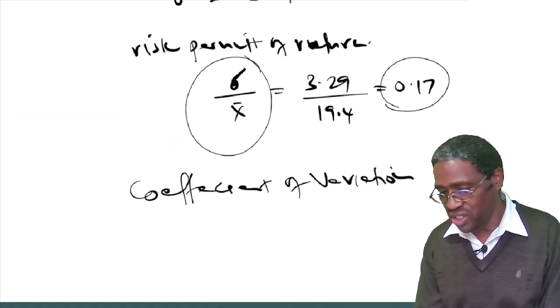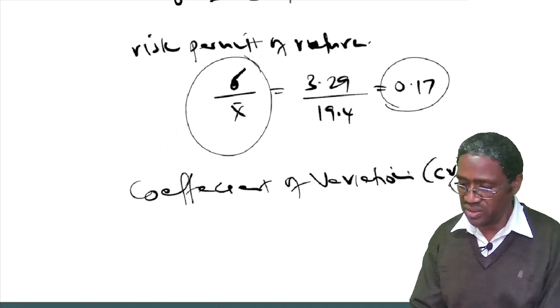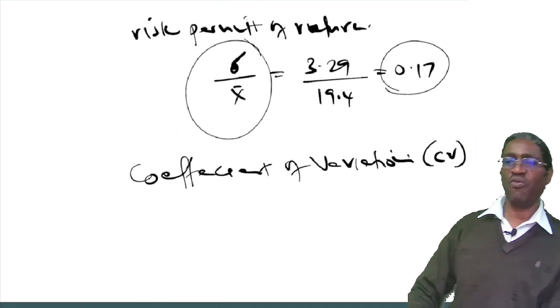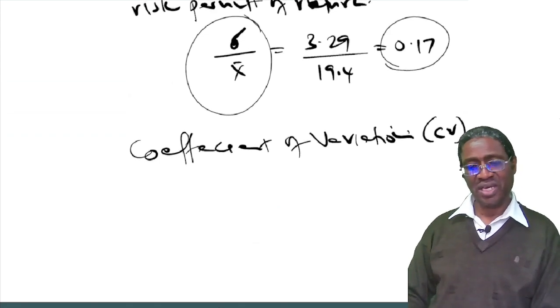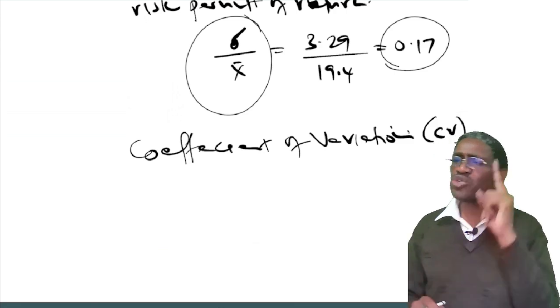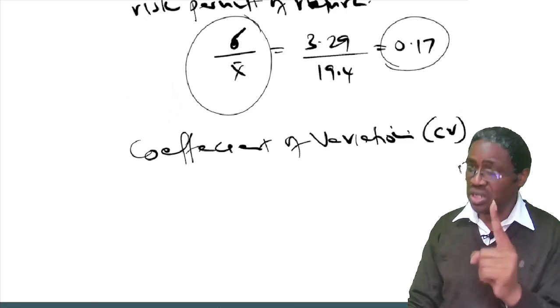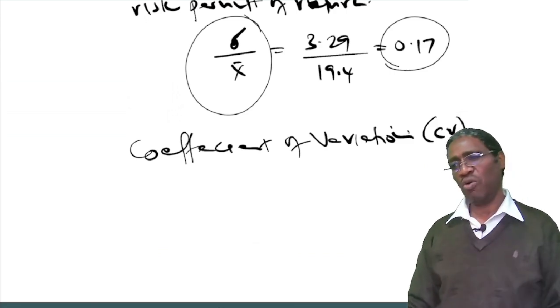The coefficient of variation, in short, we normally call it CV. We are saying this coefficient of variation is also known as the risk per unit of return.